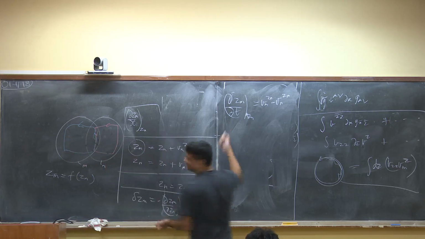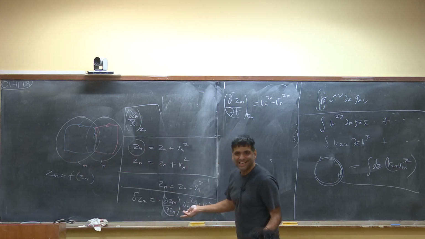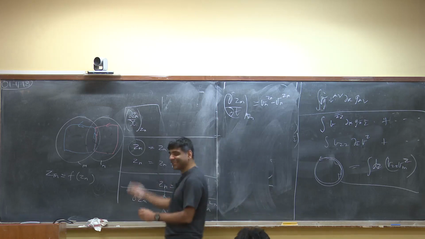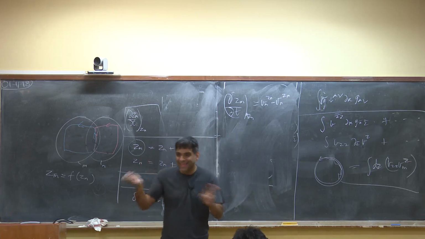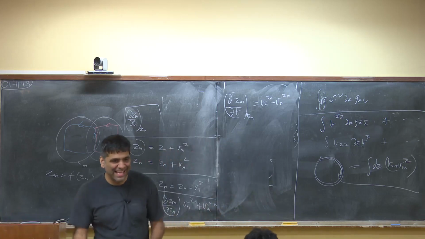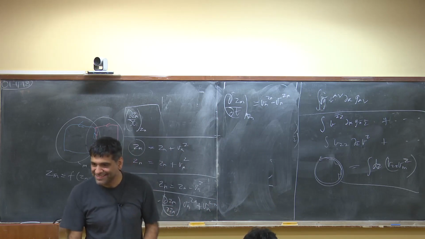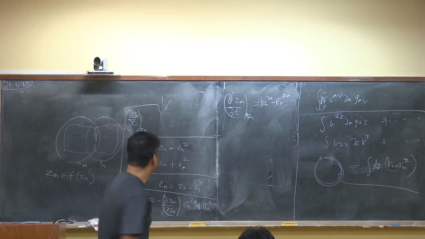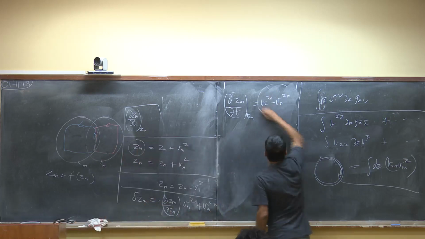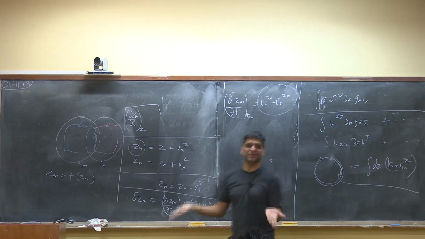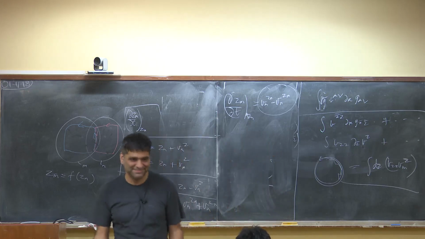Until you do that, it makes no sense to subtract them. And what we get, the thing that characterizes the change in Zm at fixed Zn, is just the difference between the two vector fields. Sounds very reasonable, right?